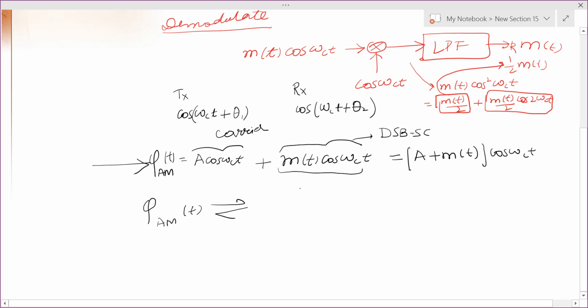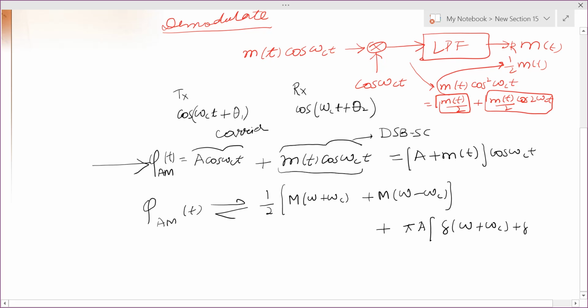This part, m of t cos omega ct, has the usual Fourier transform, 1/2 of M of omega plus omega c plus M of omega minus omega c. And you know the Fourier transform of cosine is simply pi times delta of omega plus omega c plus delta of omega minus omega c.